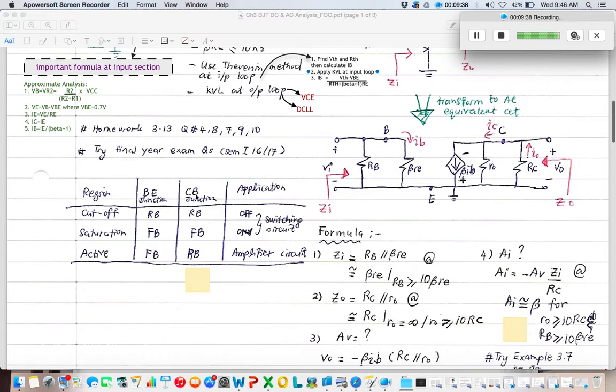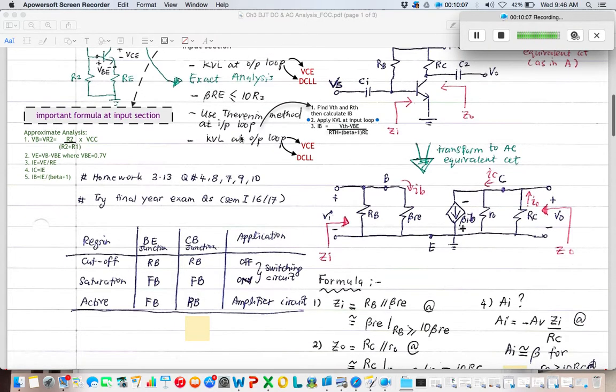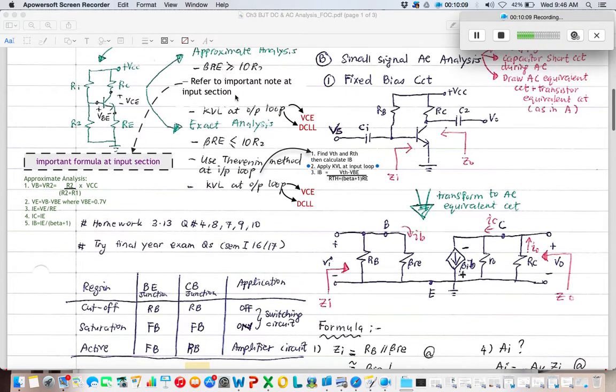I have asked you to solve question number 7, 9, and 10, but I noticed that some of you did wrong calculation on question number 9. I understand that question number 9 provides you answers when you are using exact analysis. However, I noticed that you didn't test the beta RE condition.